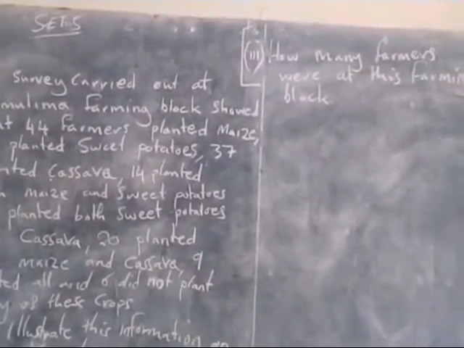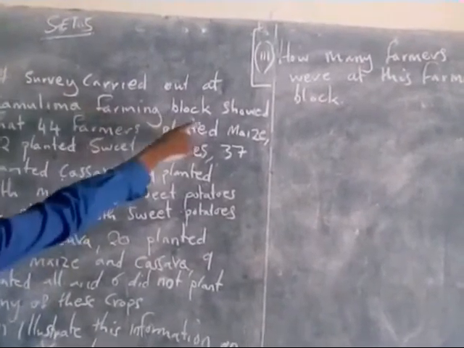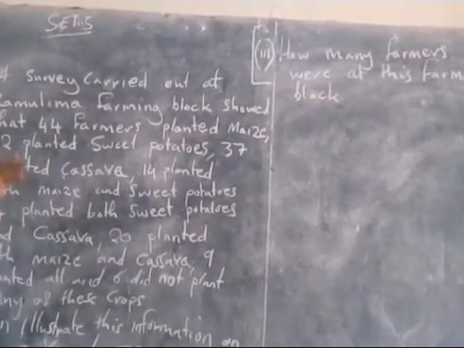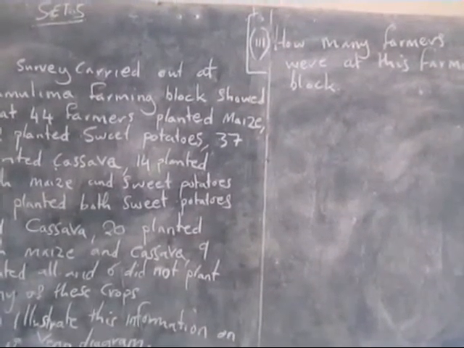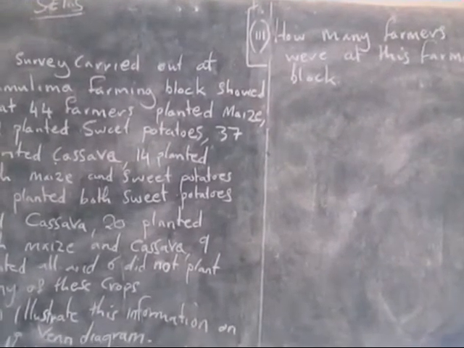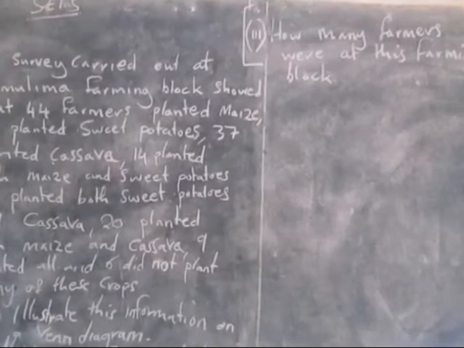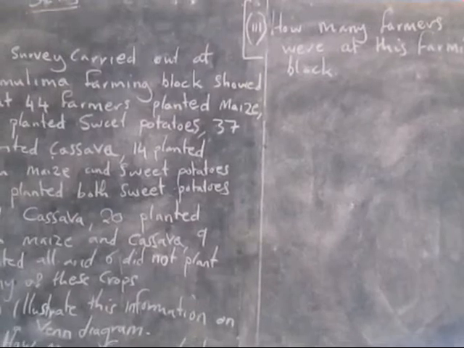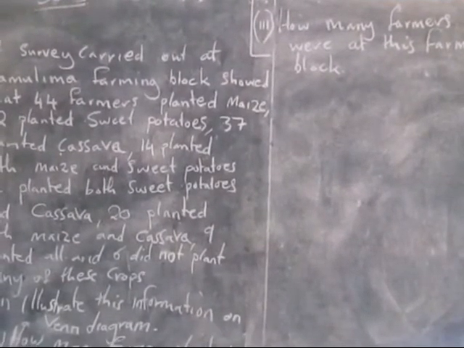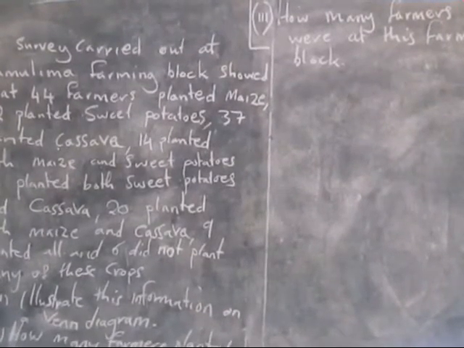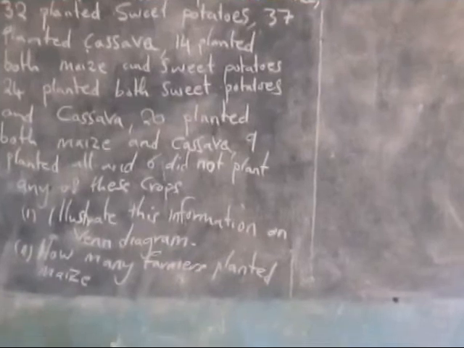We are told that a survey carried out at the Kamlima farming block showed that 44 farmers planted maize, 32 planted sweet potatoes, 37 planted cassava, 14 planted both maize and sweet potatoes, 24 planted both sweet potatoes and cassava, 20 planted both maize and cassava, 9 planted all crops, and 6 did not plant any of these crops. So this is the information that we have.